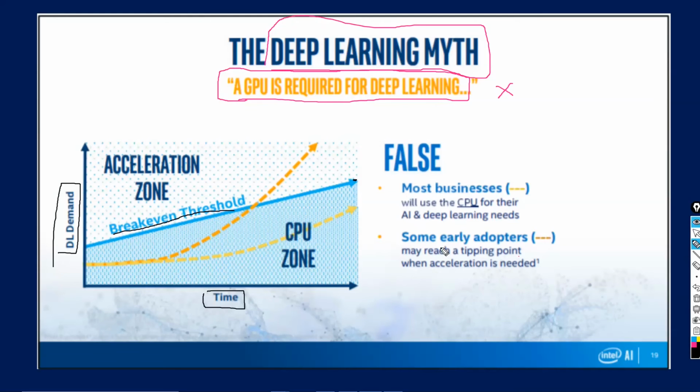One is called early adopters, which are specifically researchers or developers of SOTA, state of the art, models. For them, a GPU is very much necessary. Without a GPU, they cannot produce that output with that massive amount of data. But if you see most of the businesses, their threshold doesn't require you to have a GPU. So you can actually compete in the CPU zone.